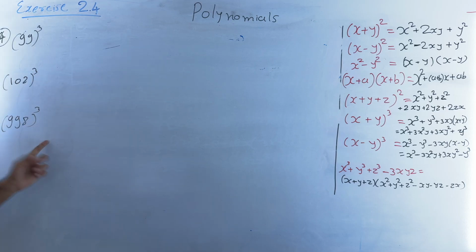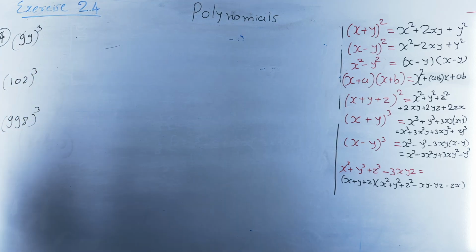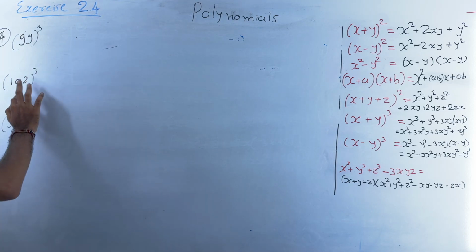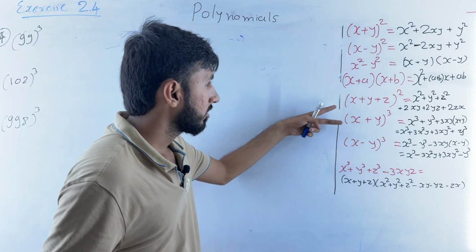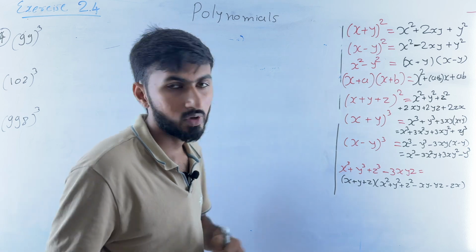We have to evaluate these three using identity, suitable identity. First one is 99 cube, 102 cube, 998 cube. Now once we have cube, it is final that we are going to use any of these two identities, right?